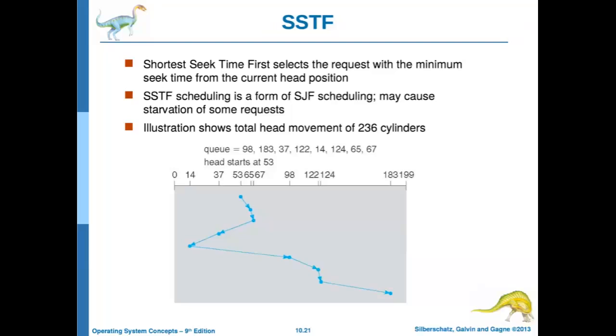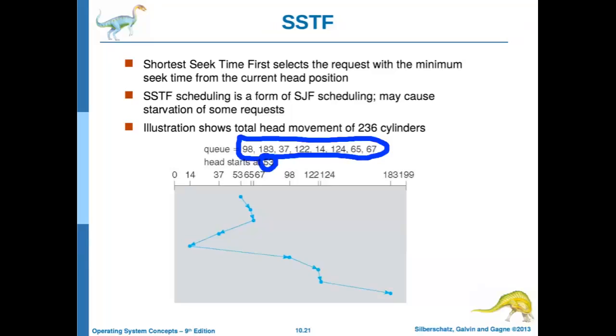So for example, currently I am at 53. So the head start position is 53. From the queue, we need to select the cylinder number which is nearest to 53. That will definitely result in minimum seek time, right?